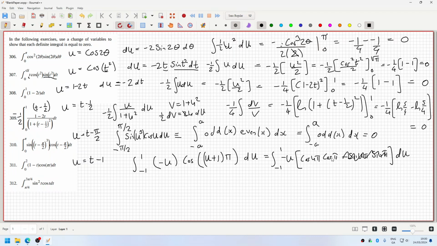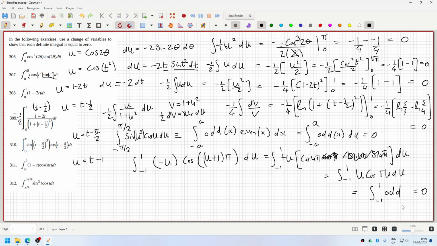And cos pi is minus 1, so that actually goes with that. So you're just left with the integration from minus 1 to 1 of u cos pi u du. And that is an odd function by an even function. So that's the integration of an odd function over a symmetric interval. So that's 0 for sure then.